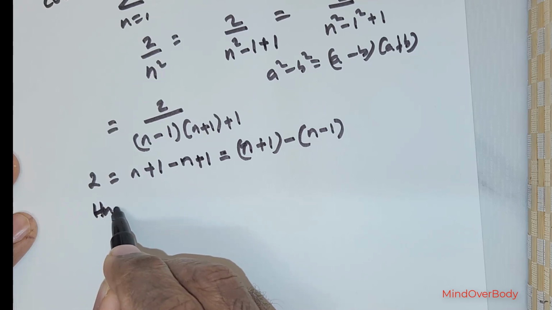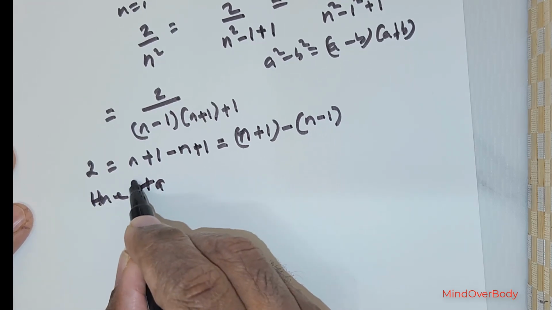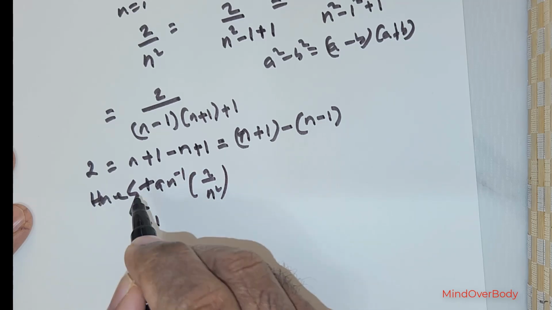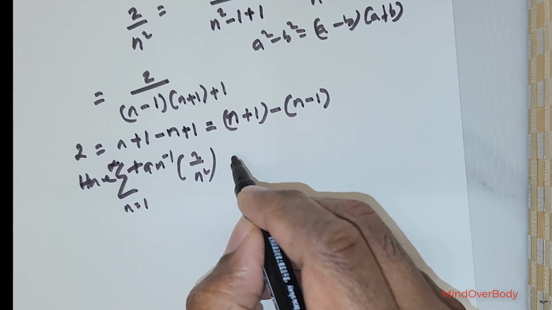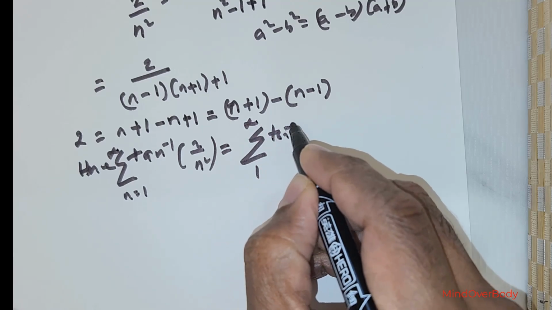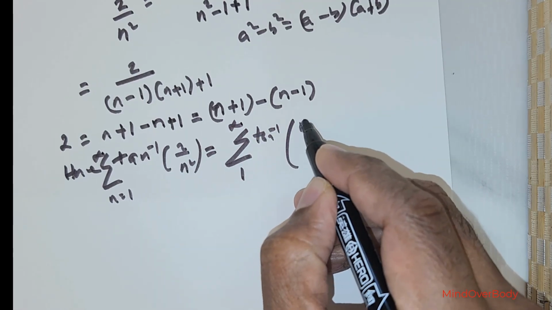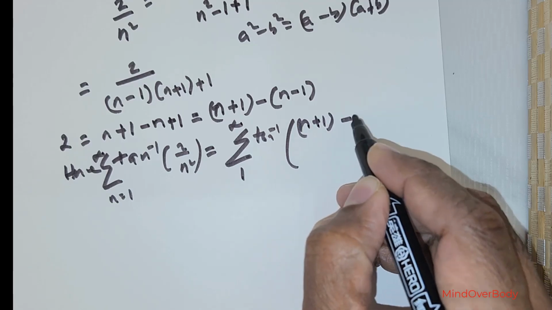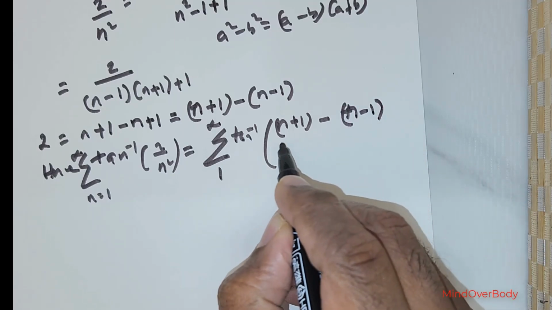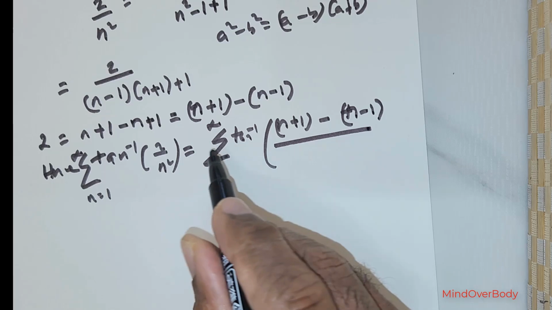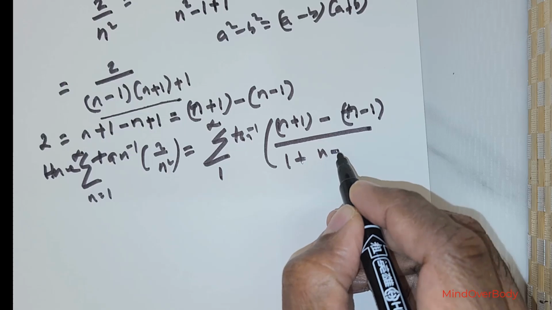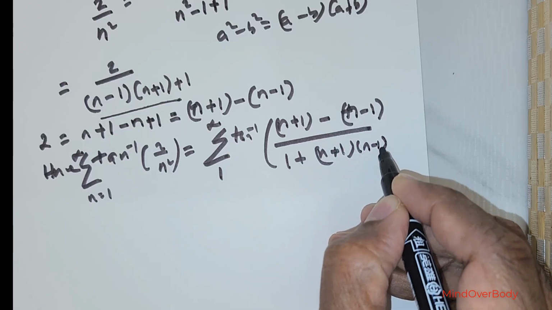So we now have a new expression for sigma tan inverse of 2 over n squared. Of course, n is running from 1 to infinity, so this is rewritten as sigma 1 to infinity tan inverse of, in place of 2 we have n positive 1 negative n negative 1, divided by 1 positive n positive 1 multiplied with n negative 1.